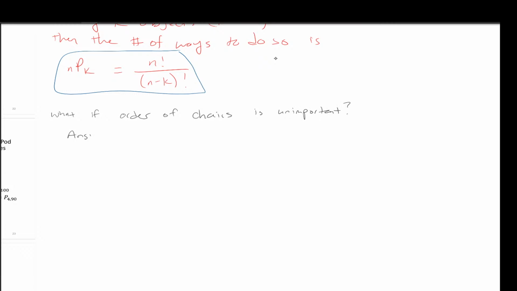So then the answer is, how many ways can we arrange or rearrange the chairs without changing the people.